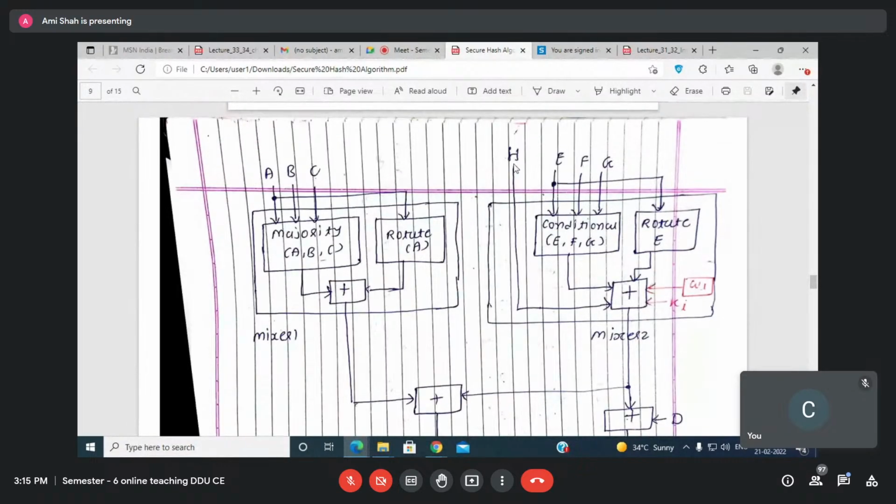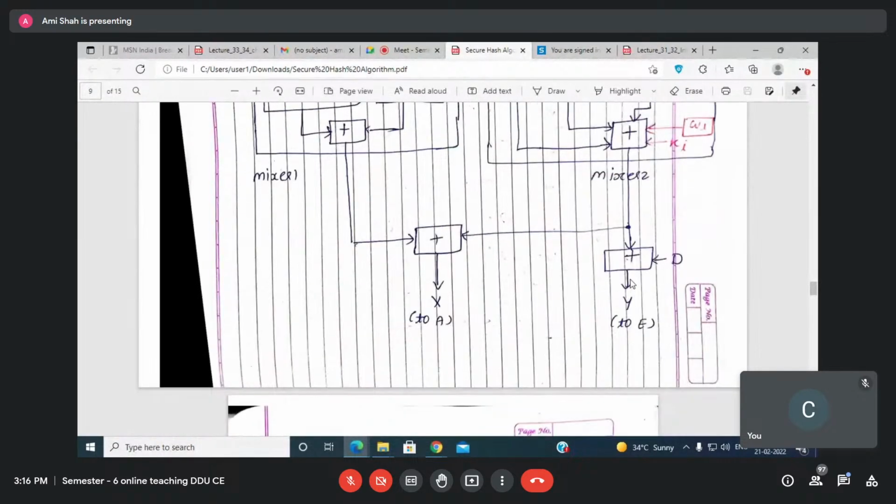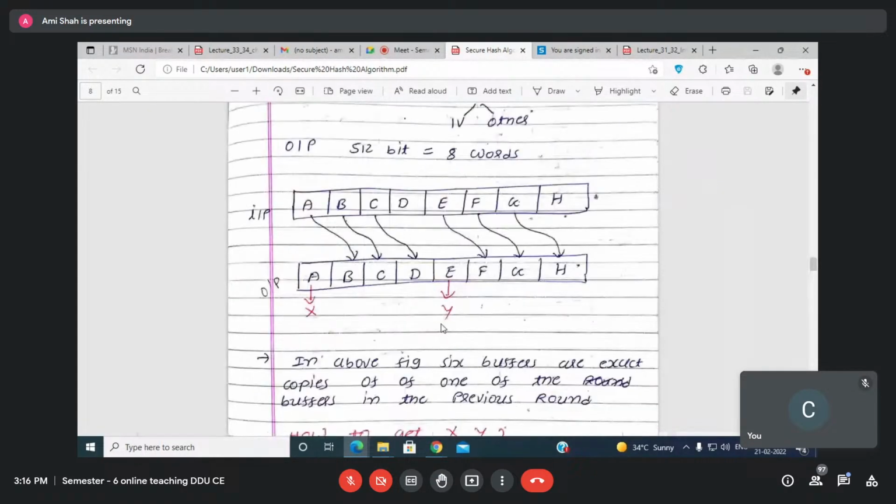Now this is added, this is the word Ki, and then finally some mixture that you are getting, and that is Y. Here this mixer 1 mixer 2 result, again you perform the addition modulo 2 raised to 64, and finally you are getting X. So after so many steps you get this X and Y value.